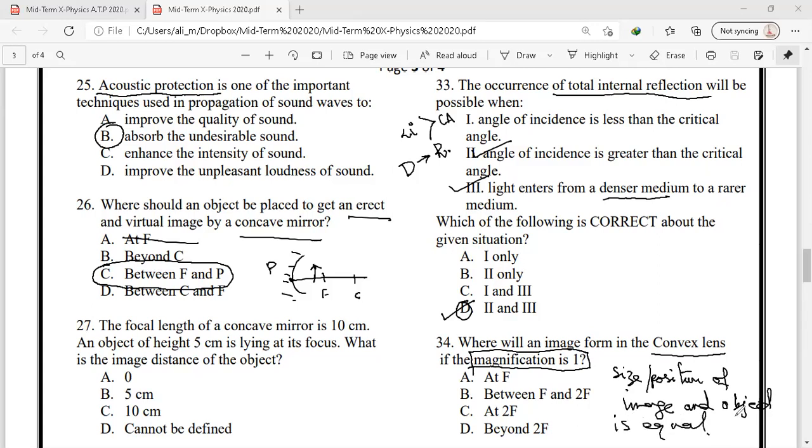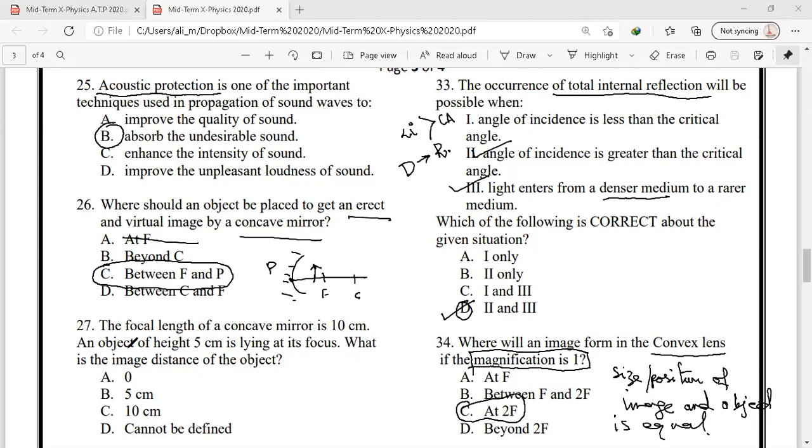If the size of the image and the object is the same, the magnification is 1. And we know that whenever an object is placed at 2f, or the center of curvature, the image formed by this mirror or lens will be equal to the size of the object. So the correct option is option C.